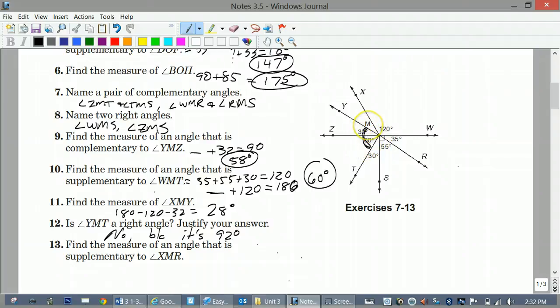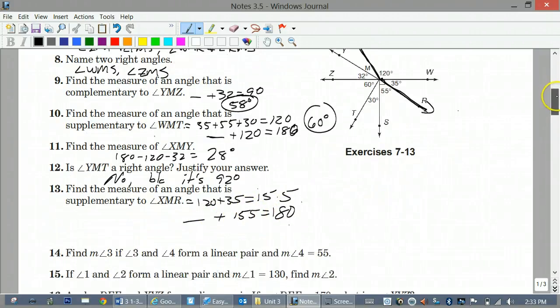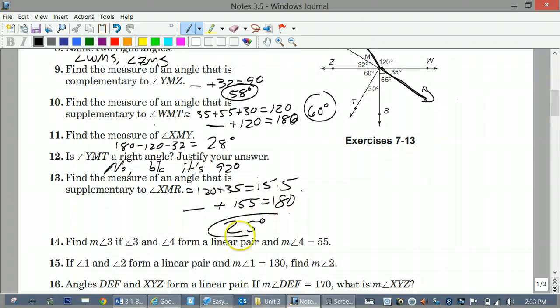Find the measure of an angle that's supplementary to XMR. XMR is 120 plus 35, which is 155. So the measure that's supplementary, that adds to 180, is 25. Cool. Let's go to the other side.